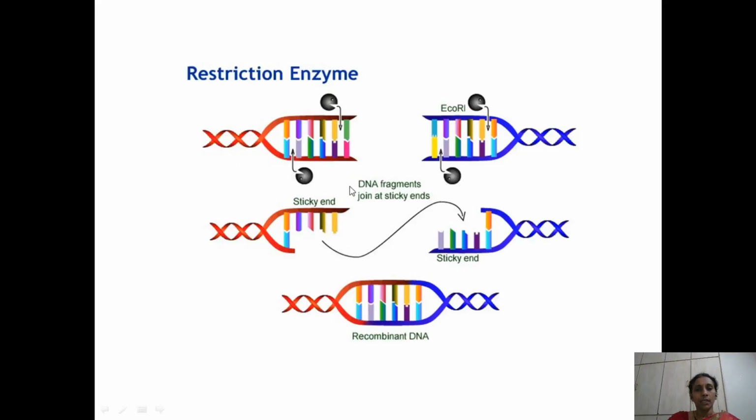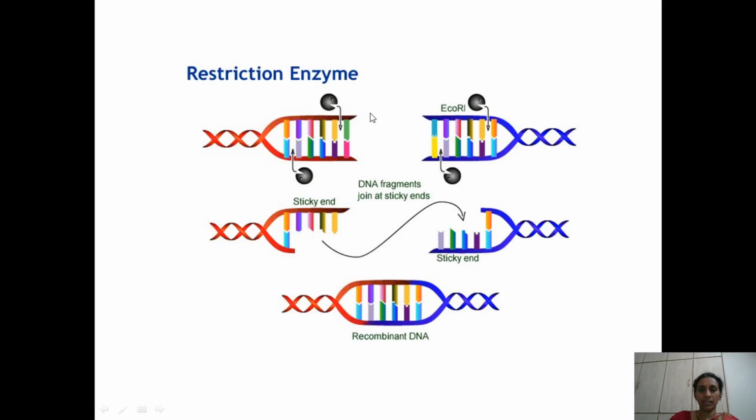These are double-stranded DNA molecules. So the bonds present in this strand are phosphodiester bonds, whereas the bonds that are present between the two strands are called hydrogen bonds. These are hydrogen bonds. So the function of restriction enzyme is cleavage of phosphodiester bonds.